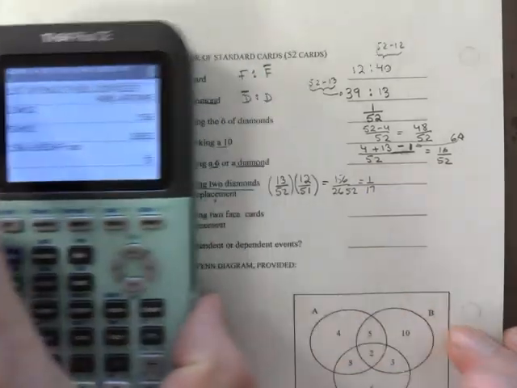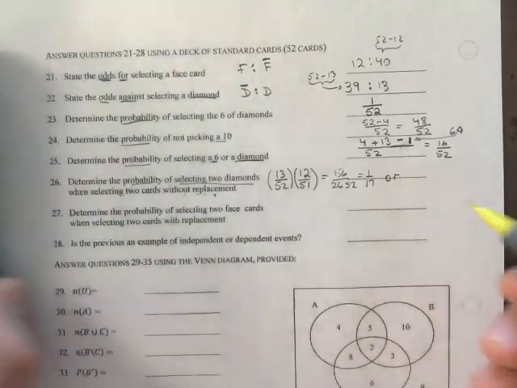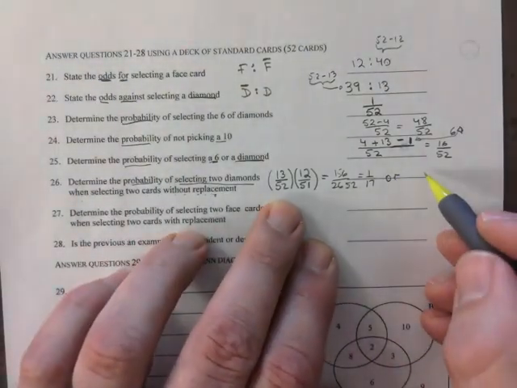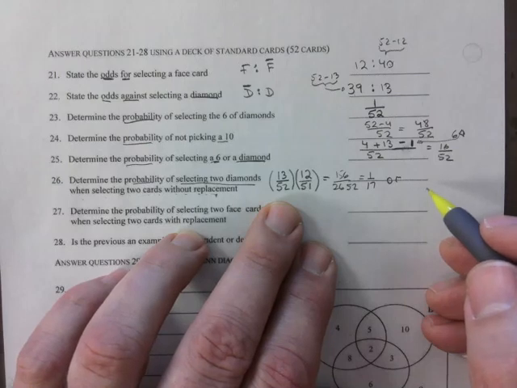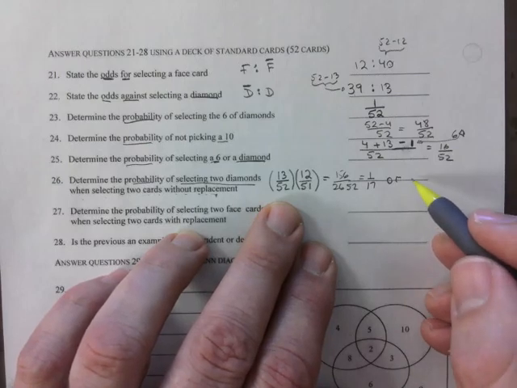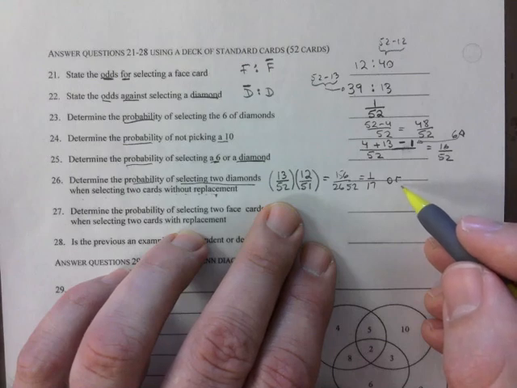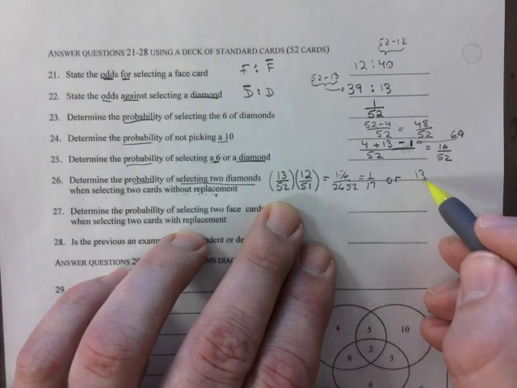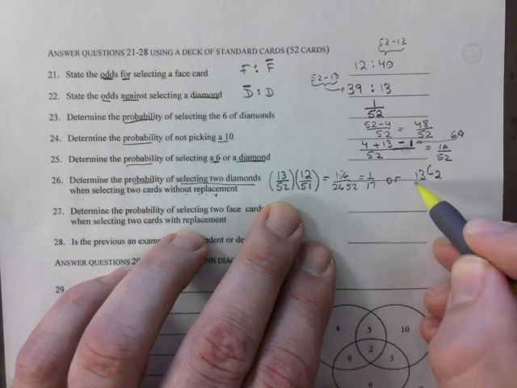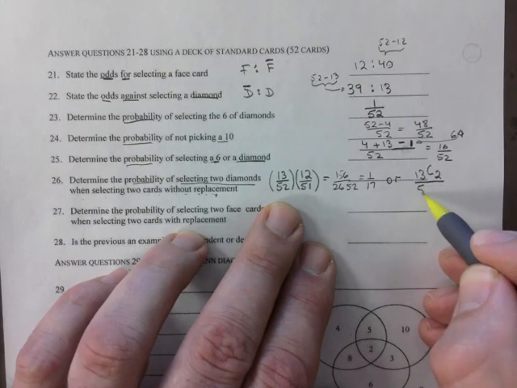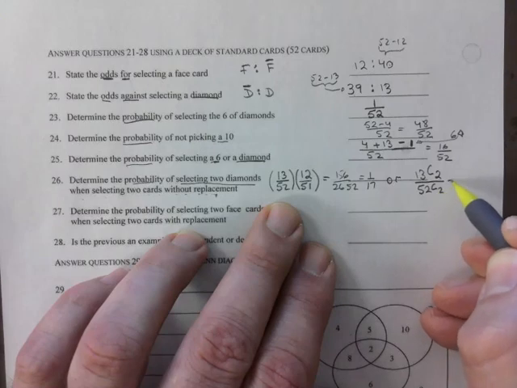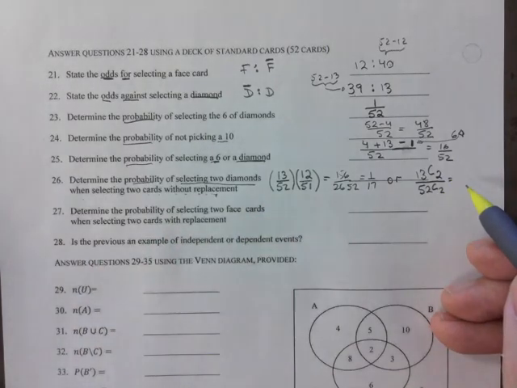Okay? Or, watch this here. You can use combinations. Shh, pay attention, guys. You can use combinations. Out of 13 diamonds, we're going to choose 2. And out of the 52 cards, we're going to choose 2 as well. 13, do you remember how to type this in? You should probably go and check it out. It's alpha window, right?